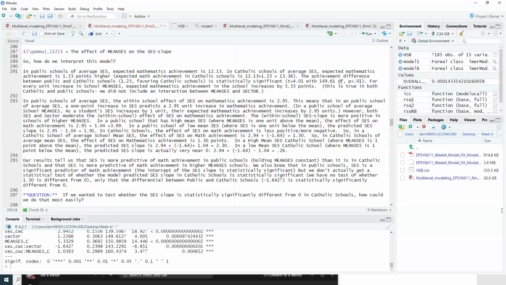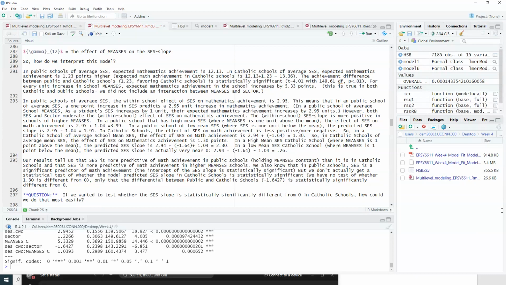For every unit increase in school mean SES, the expected math achievement in the school goes up by 5.33 points. And again, remember I'm group mean centering SES right now. And technically, this is actually true in both Catholic and public schools because I did not include an interaction between mean SES and sector.